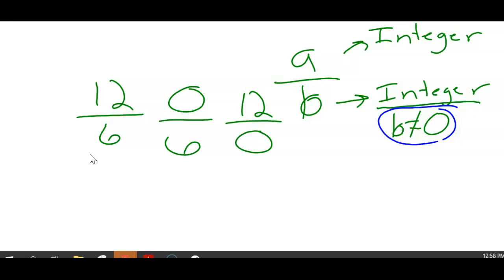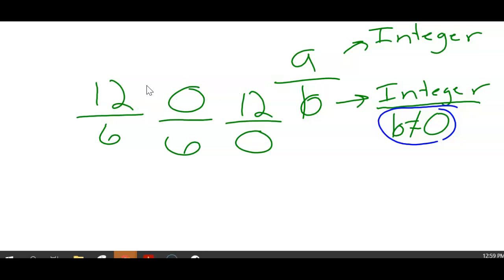Okay? A word problem that goes with that. You have 12 apples, and you split it evenly between 6 friends. How many apples does each person get? 2. Do we agree with that? Okay. Let's go to the next one.